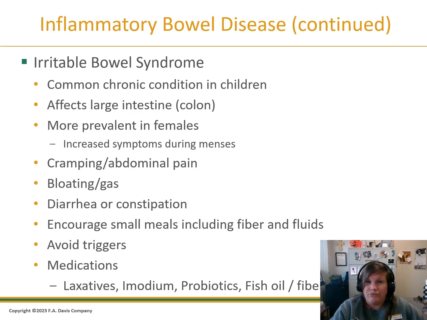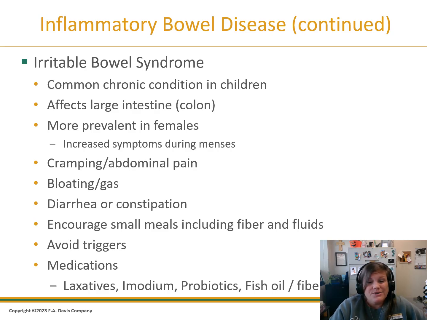Other recommendations for this patient would be small meals instead of large meals, and meals that include increased fiber content and fluids, because that's going to make it easier for them to eliminate what they're eating. And if they were experiencing constipation, then that increased fiber and fluids is going to help to counteract that constipation.